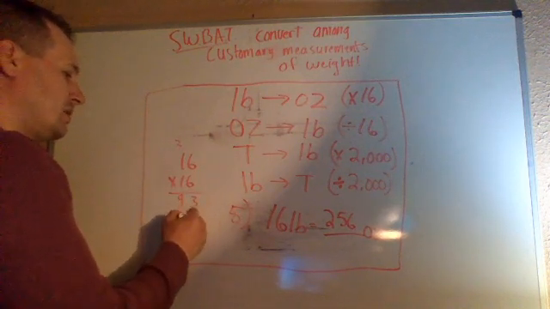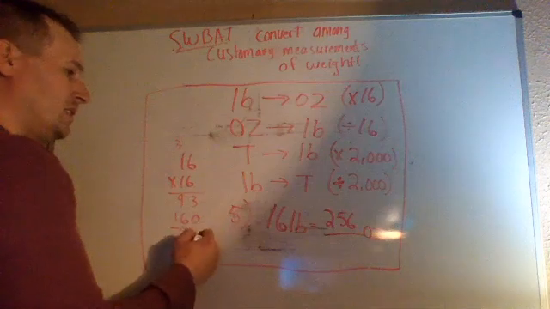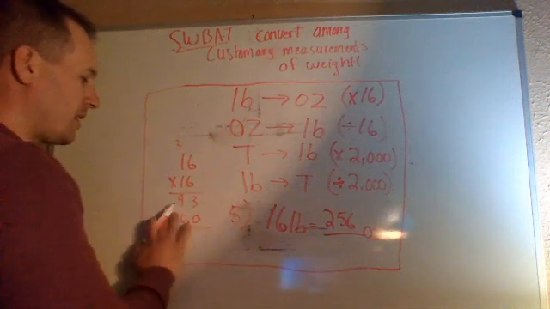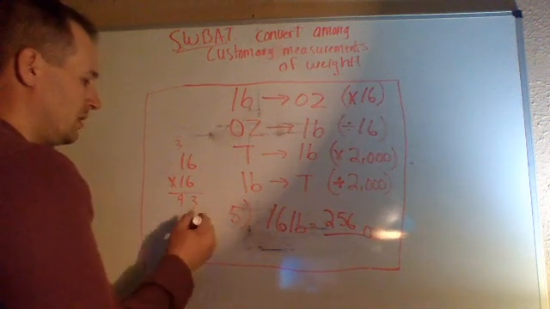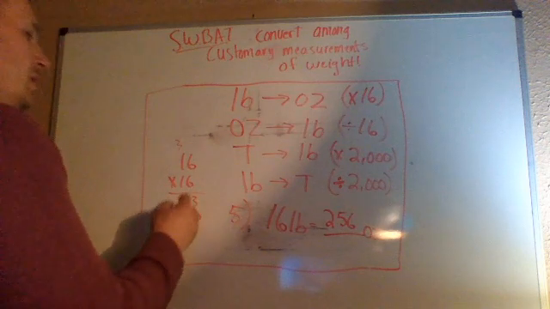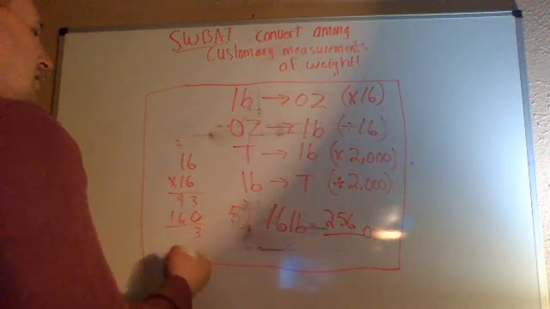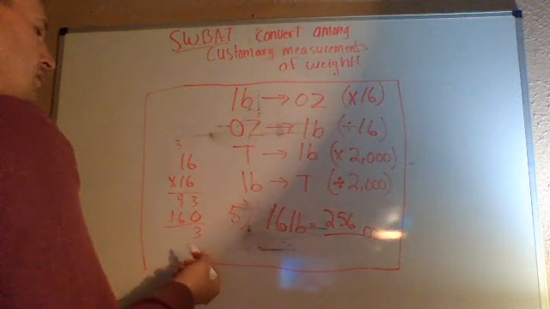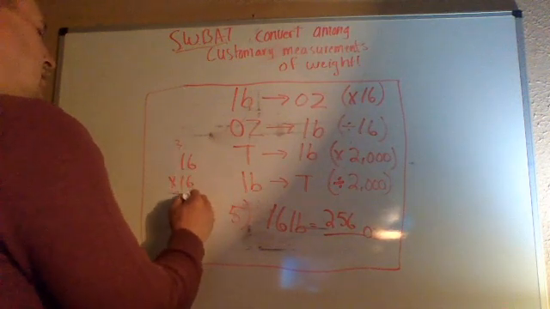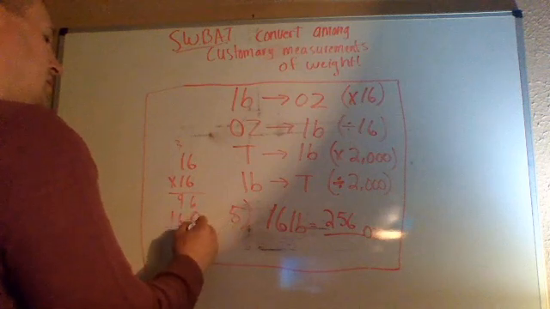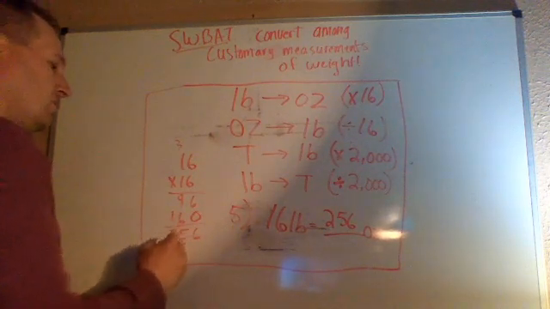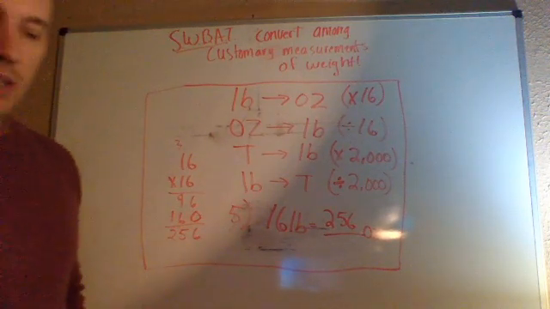Did I do that right or no? I forgot my placeholder. Did I still do it wrong? 6 times 6 is 36. There we go. 256.